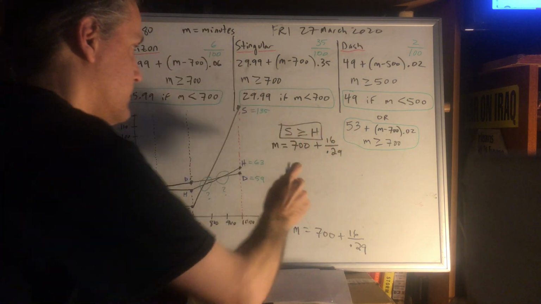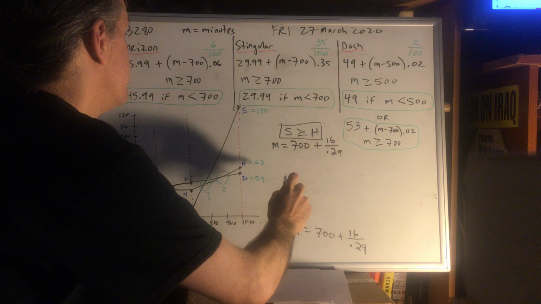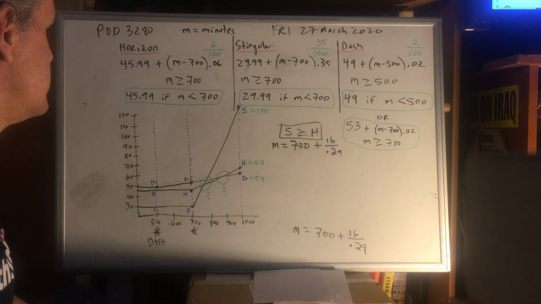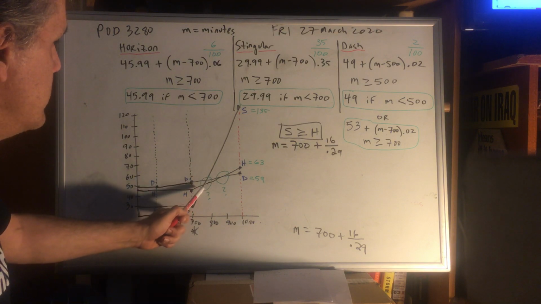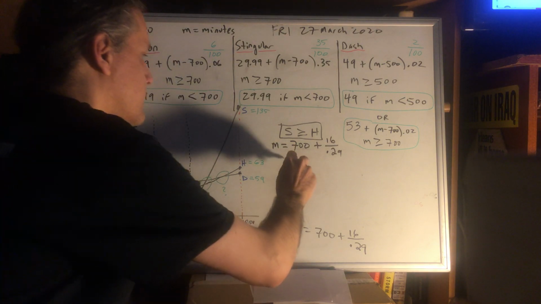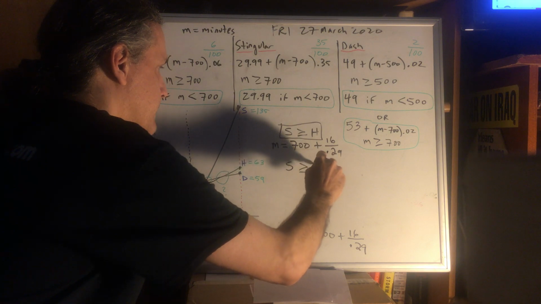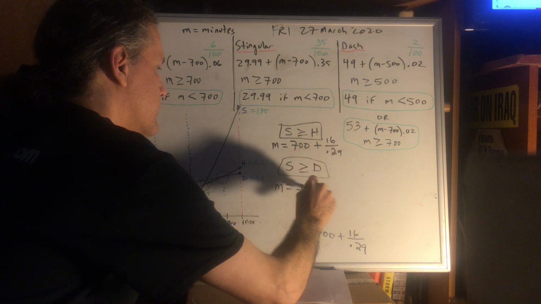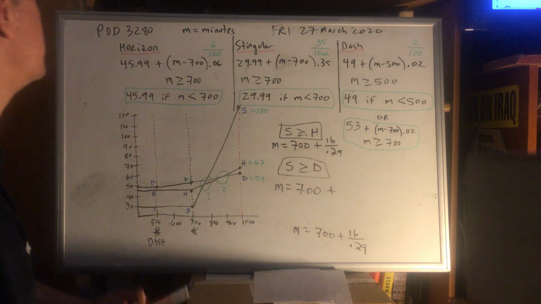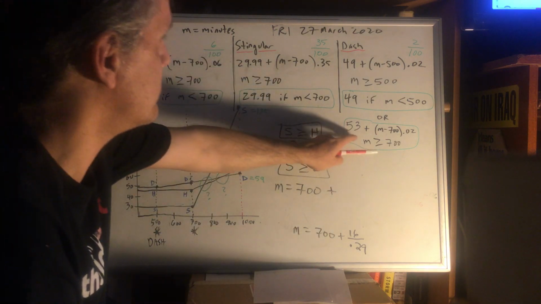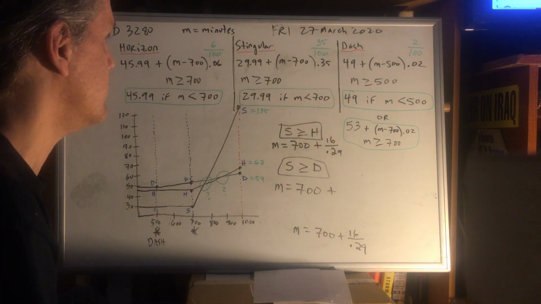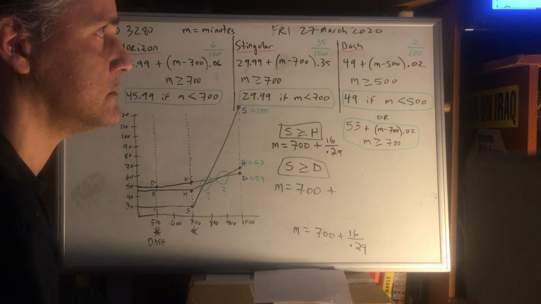Alright, well, when is that greater than Dash? Right, so when is Singular greater than Horizon? We got this one. When is Singular greater than Dash? And we're going to use the shortcut. We know the minutes is going to equal 700 plus the difference in price, which would be 53 minus 29.99, 53 minus 30 plus 0.01.